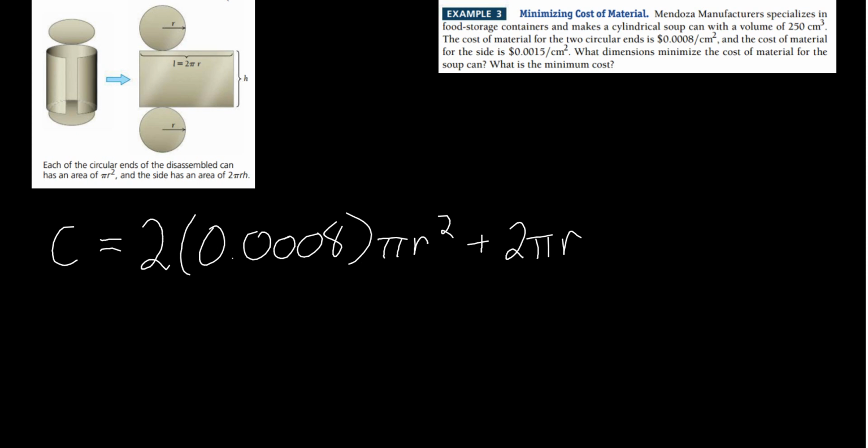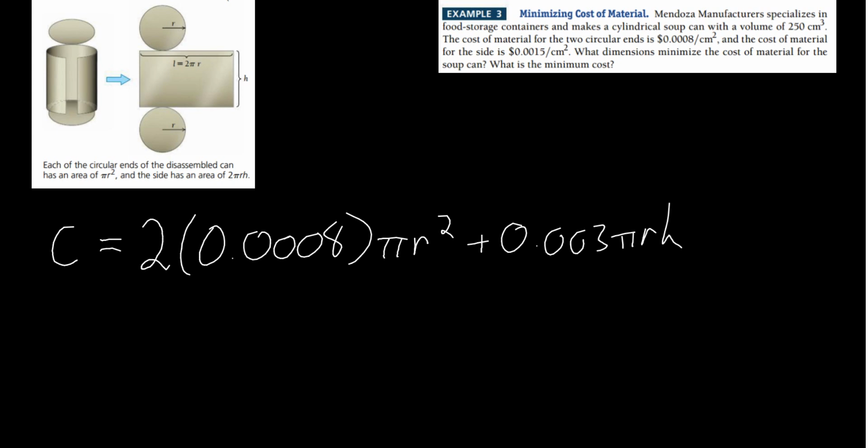We're also inserting the price of that, which is 0.0015. In this particular case, we can combine these two to get 0.003, so let's do that. We end up with 0.003 and then pi r h, because that is the height, the dimensions of it.